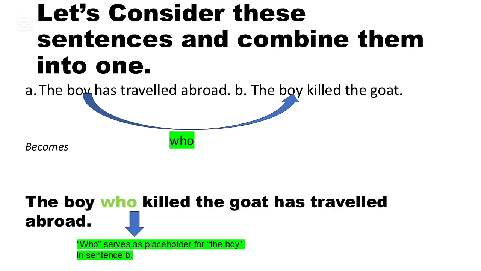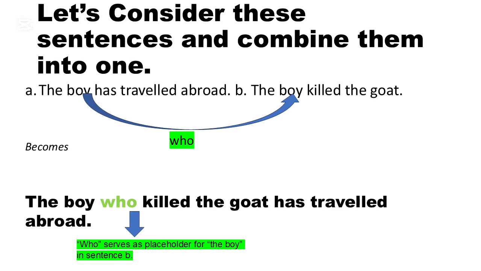So sentence A will have to contain sentence B, and that gives us the sentence, the boy who killed the goat has traveled abroad. We have managed to connect the two sentences into one by the use of who.